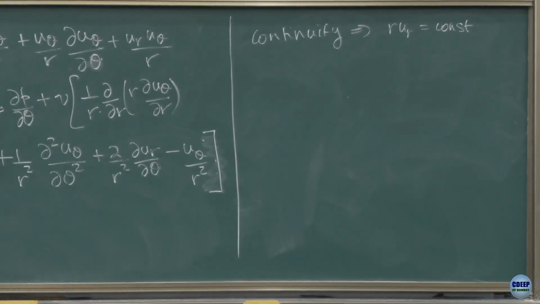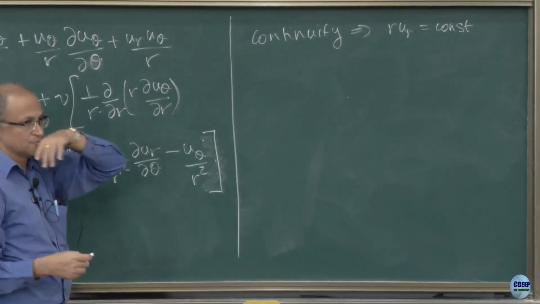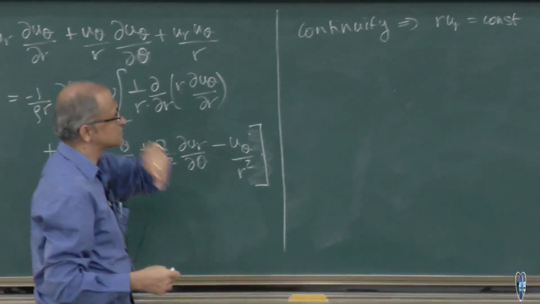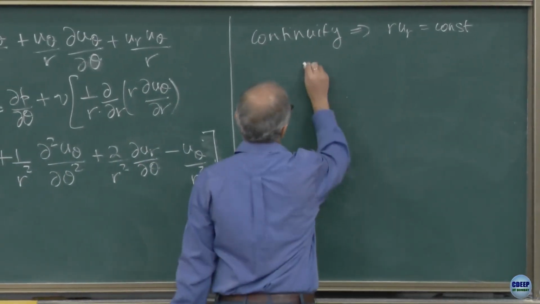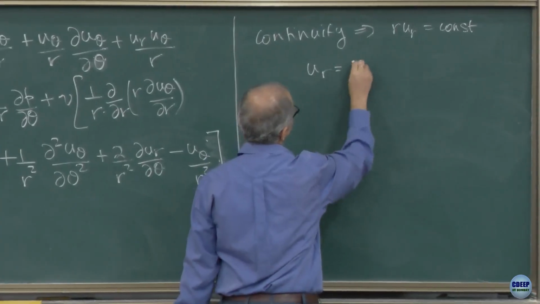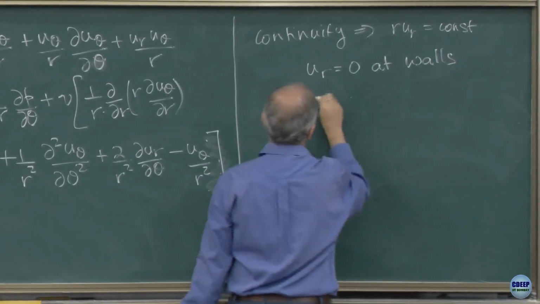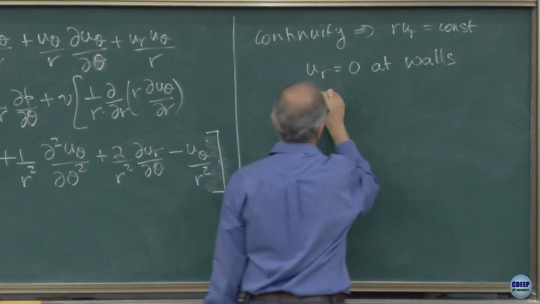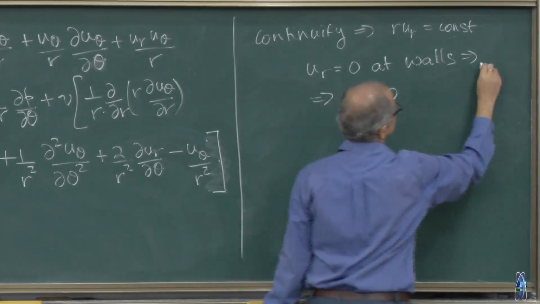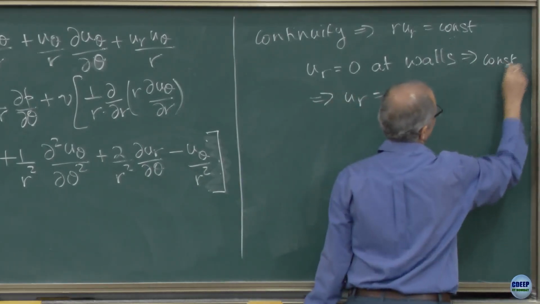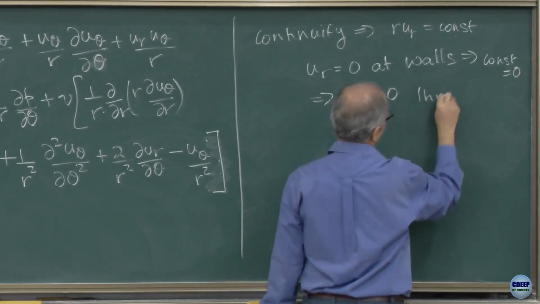Here it is perpendicular to the direction of the wall, so you have to look not at slip, but at penetration. So this is a no penetration boundary condition. It gives you that ur is equal to 0 at the cylinder walls, and therefore this constant is 0, which implies that ur is equal to 0 throughout.